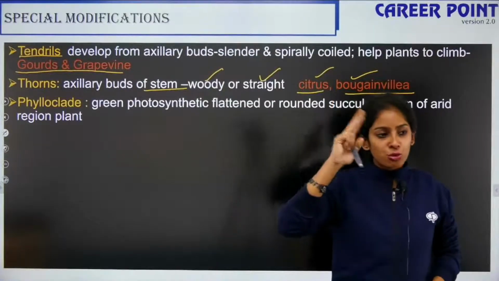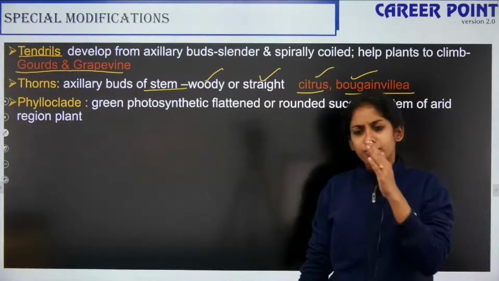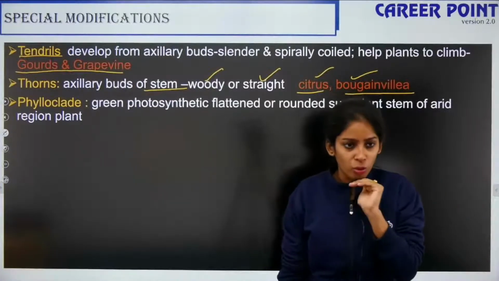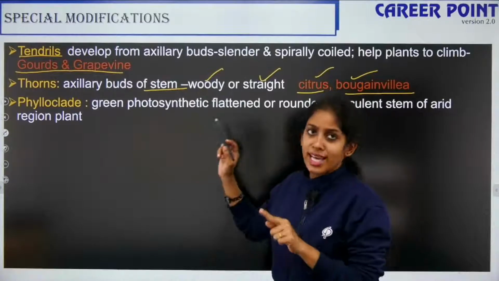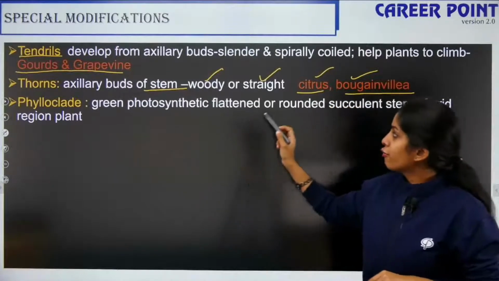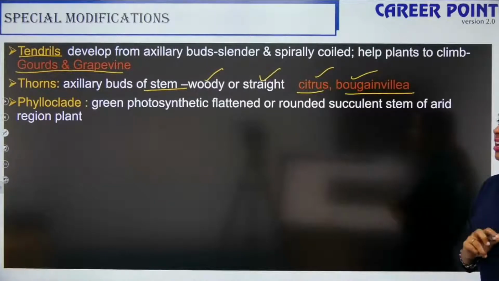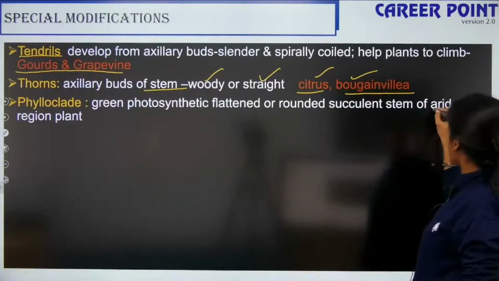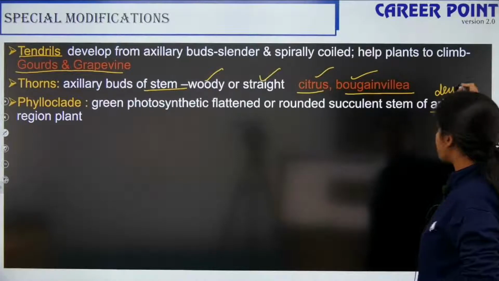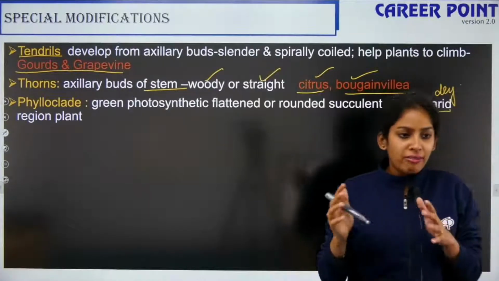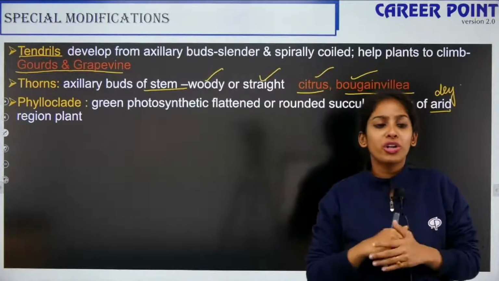You have two terms which normally confuse, phylloclade and phyllode. Phylloclade is a stem modification where the stem is green, photosynthetic, flattened or a rounded succulent stem of an arid region plant. Arid region means the dry season. In a desert, if you have leaves, the leaves will lose water due to transpiration.